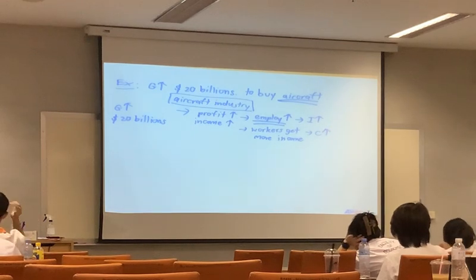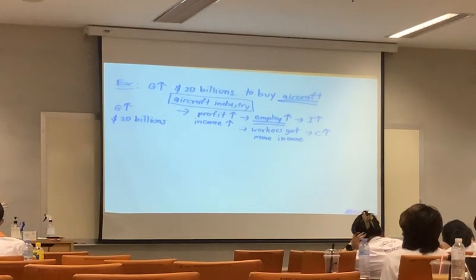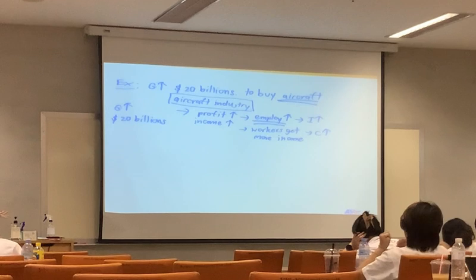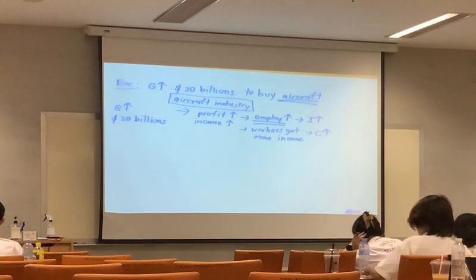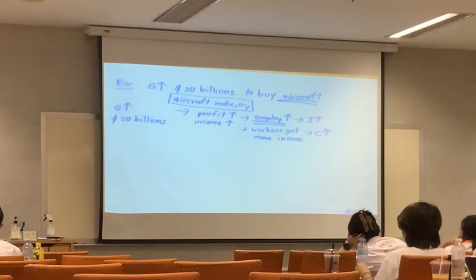They can consume more. So I try to link with AD. How does a G change affect AD in the aircraft industry? Because we need to explain multiplier effects, it should go further. So with G change in the aircraft industry, they can invest more. They can employ more labor. And labor itself, if you work at the aircraft company, maybe you get more income, they pay you more overtime to work.